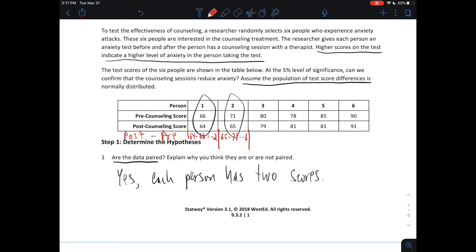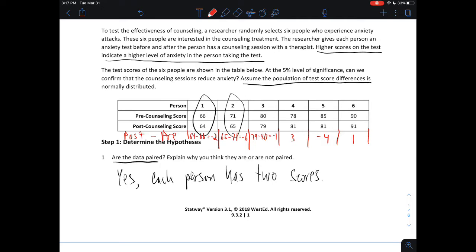So for the third person, that would be 79 minus 80, which is -1. And then for person 4, 81 minus 78, which would be 3. Person 5, 81 minus 85 is -4. And then person 6, 91 minus 90 is 1.